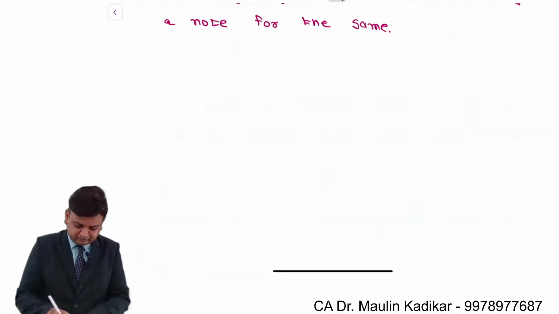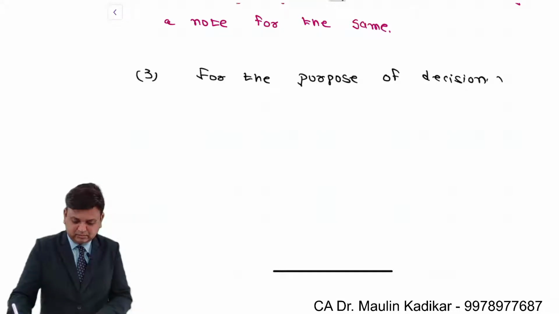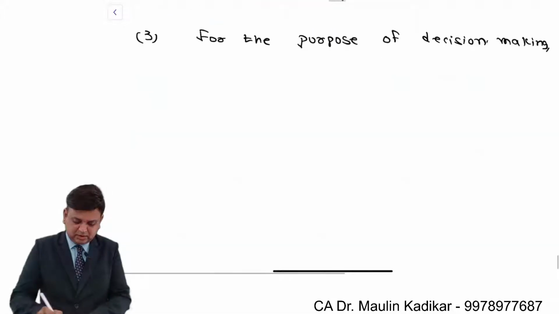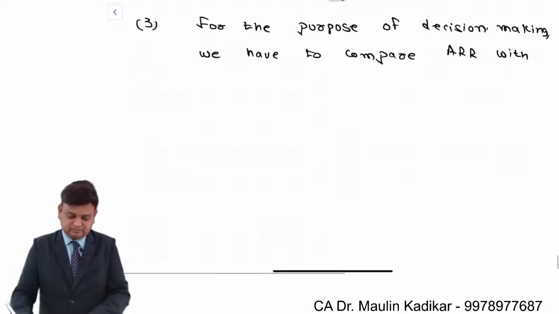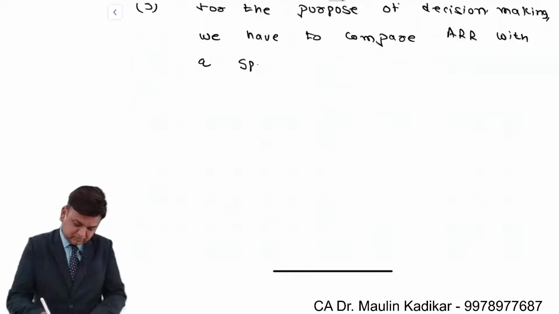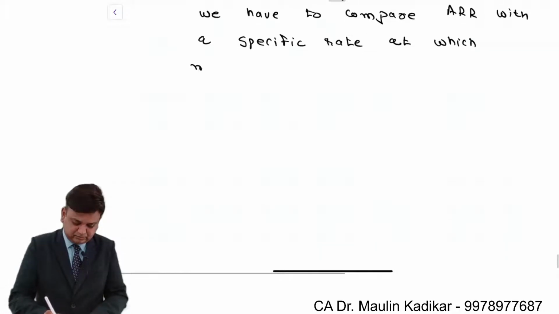Third point, for the purpose of decision making, we have to compare ARR with a specific rate at which management wants return.